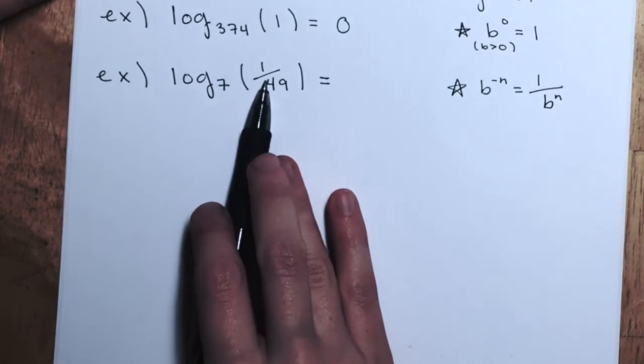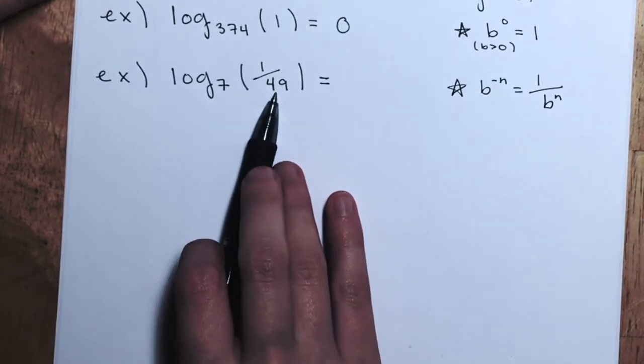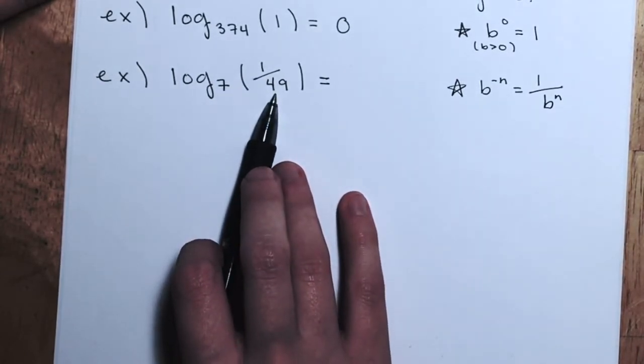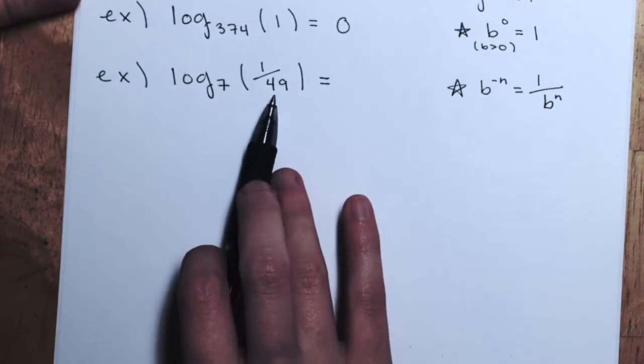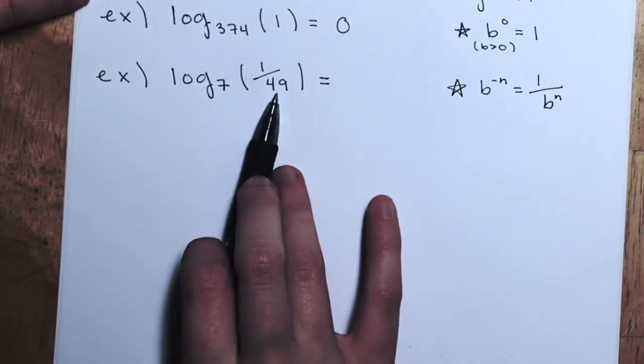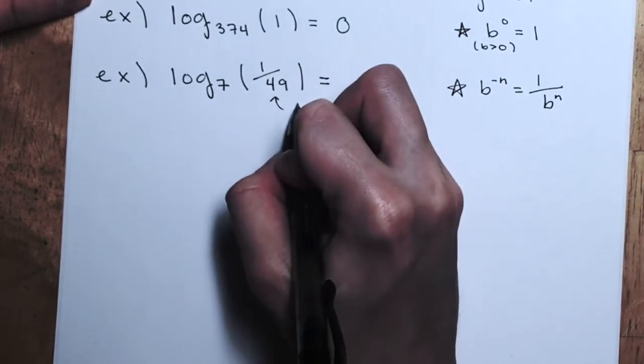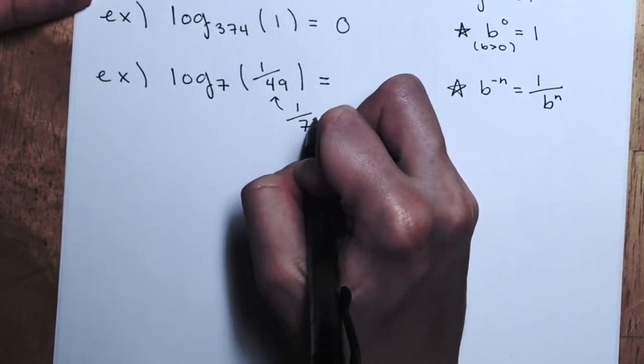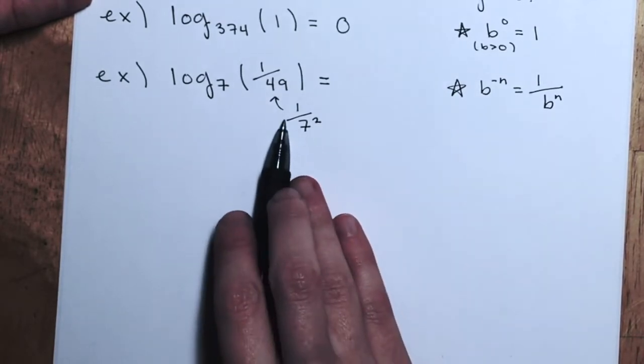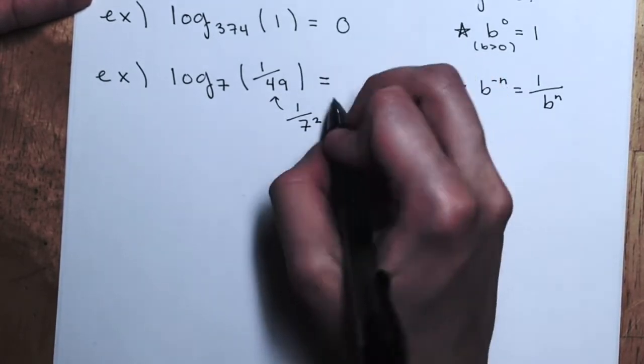If we look at this, we've got 1 over 49. Maybe you'll recall that 49 is 7 squared. So we know that this is 1 over 7 squared. So what is something else that this is equal to?